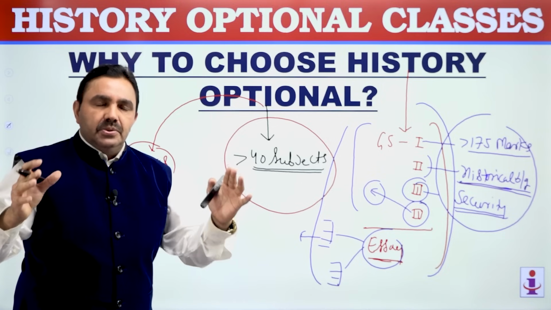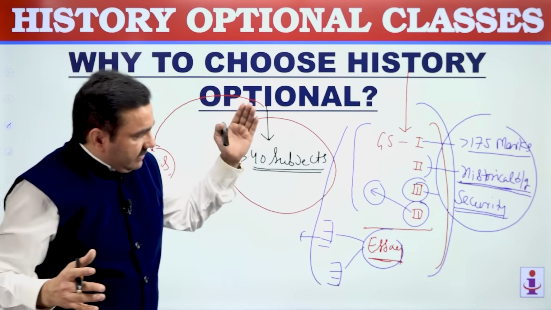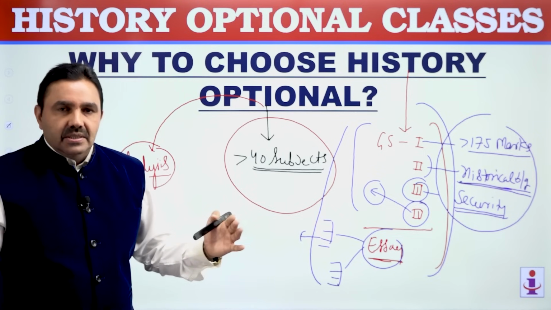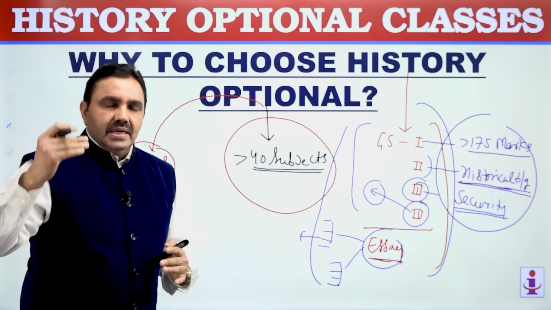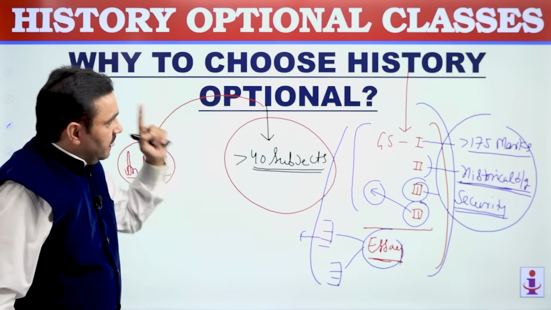So if you take history optional, you can cover your mains GS easily, you can write very good essays, and you can improve the quality of your answers in all other subjects also, whether that is economy, geography, or science and technology related issues.